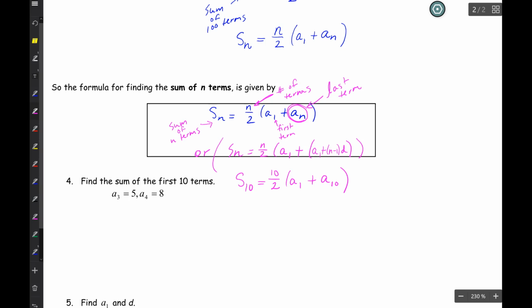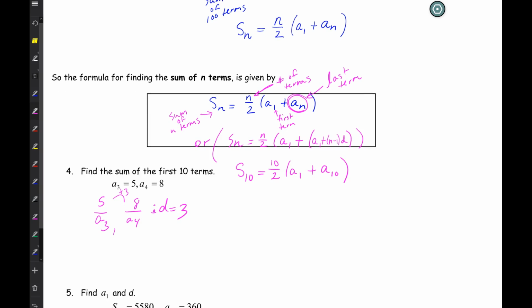Well, this one's kind of nice to think about. I could use the common difference formula, but if I see that the third term is 5 and the fourth term is 8, what's the common difference? 3. We see that we're adding 3 to get to each term. You could have done 8 minus 5 over 4 minus 3. That would work. So the common difference is equal to 3.